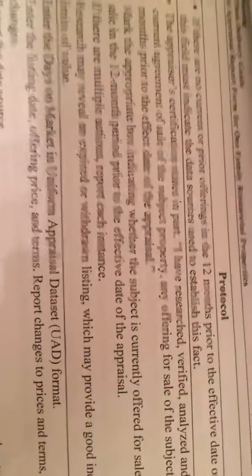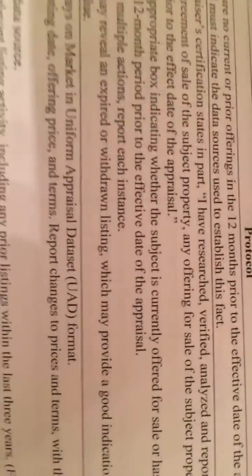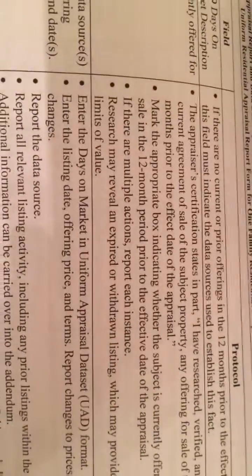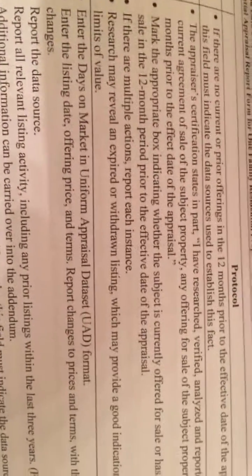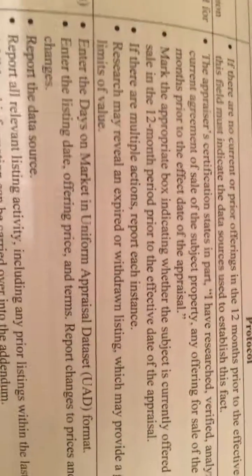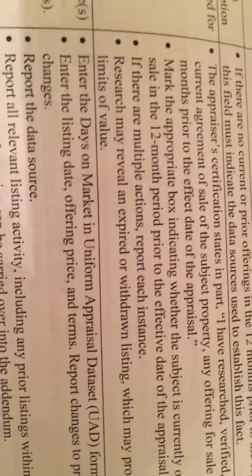The appraiser certification states in part, I have researched, verified, analyzed, and reported on any current agreement of sale of the subject property, any offering for sale for the subject property in the 12 months prior to the effective date of the appraisal.